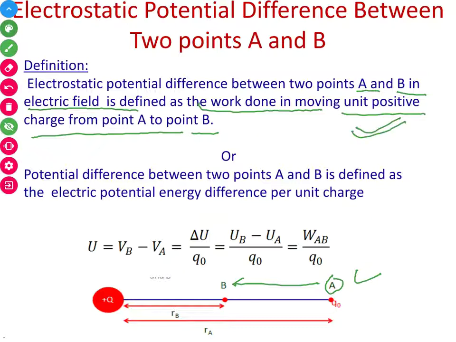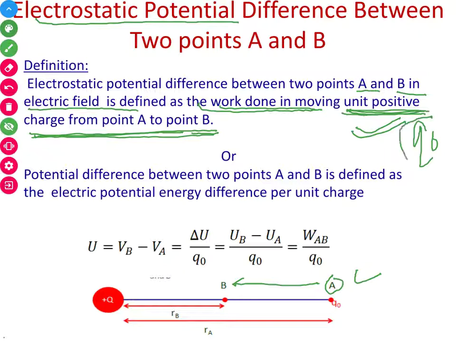See the difference between the definition of electric potential energy and electric potential. Electric potential energy is defined as the work done in moving a test charge Q0 from point A to point B. But in the case of electrostatic potential, it is the amount of work done in moving a unit positive charge from point A to point B. So this is the difference.